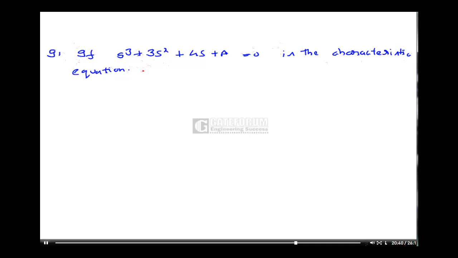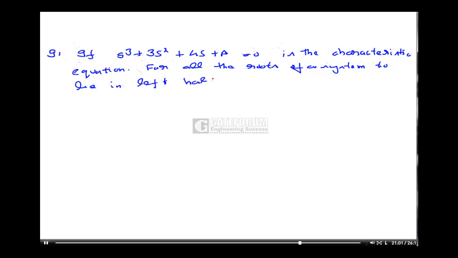Then for a system, for all the roots of the system to lie in the left half plane, the value of A must be... We have to find the value of A, or the range of A. See, the question is for all the roots of the system to lie in the left half plane.